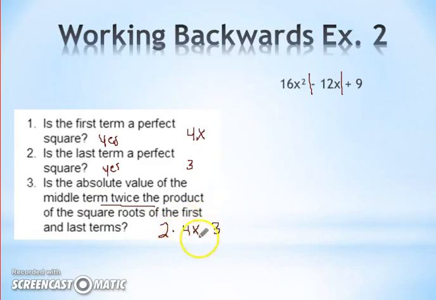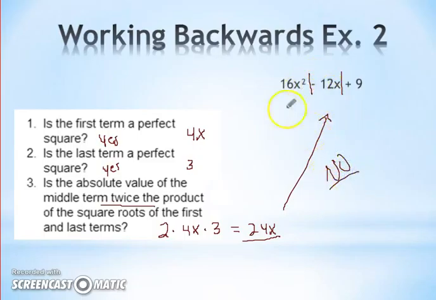So 2 times 4x is 8x. 8x times 3 multiplies out to be 24x. This 24 does not match that minus 12x. So no, this one is not a perfect square trinomial.